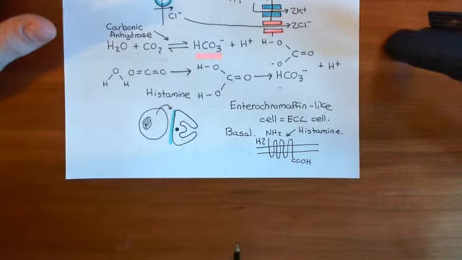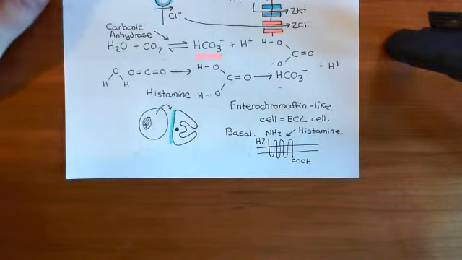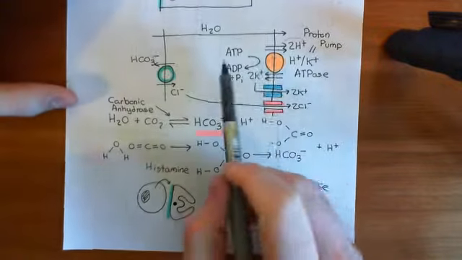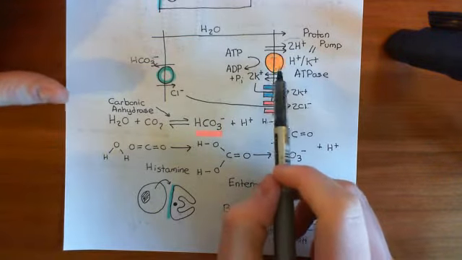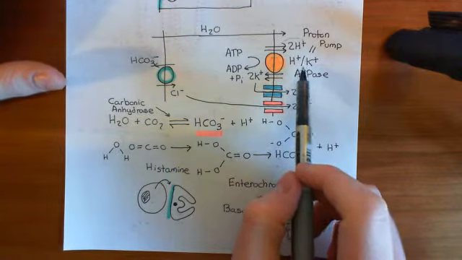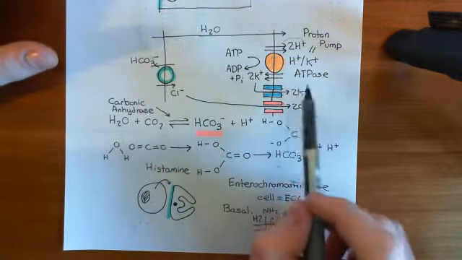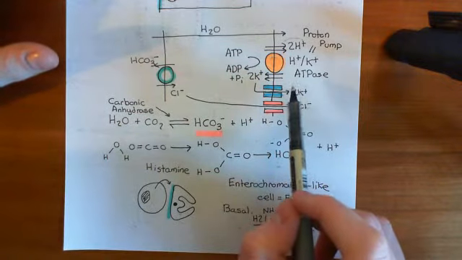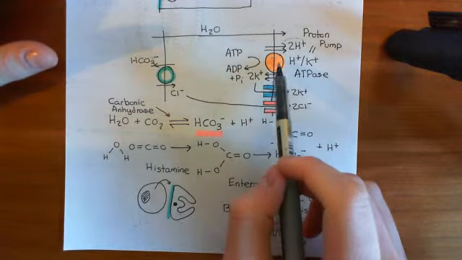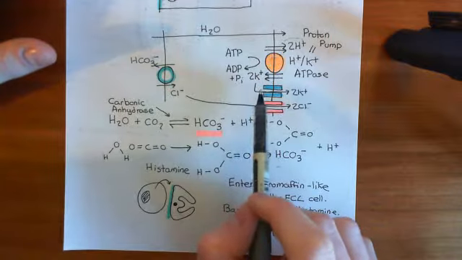activates adenylyl cyclase enzymes which produce cyclic AMP. And the cyclic AMP then activates protein kinase A enzymes, and the protein kinase A enzymes phosphorylate and activate the proton potassium ATPase. Okay, and remember, it's this proton potassium ATPase that drives the whole secretion of hydrochloric acid. So the more activity you have in this, the more hydrochloric acid you secrete.